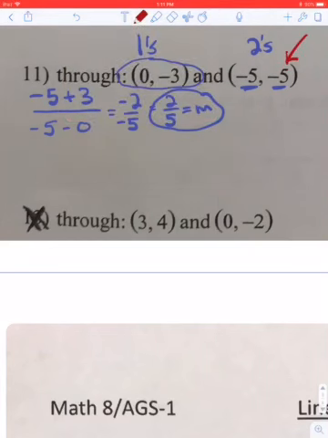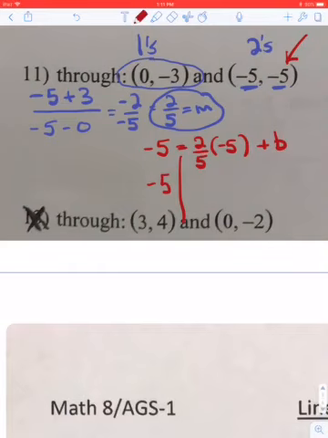So for the second part, let's focus right here. And I'm going to plug in these points and solve for b just to prove that it is in fact 0. So negative 5 and negative 5, I would go y, which is negative 5, was equal to m, which is 2/5, times x, which is negative 5, plus b. And then all we have to do is solve that equation for b.